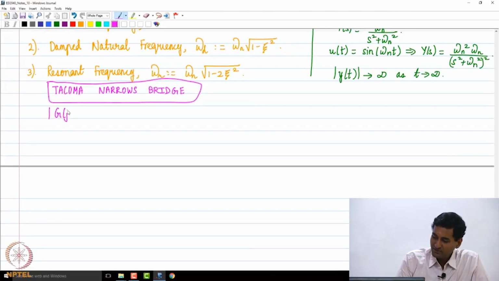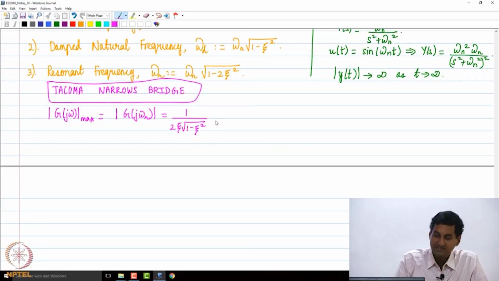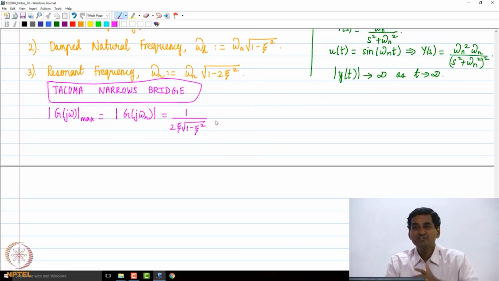The maximum value, which is the magnitude of g of j omega at omega equals omega r, is going to be 1 divided by 2 zeta times root of 1 minus zeta square. You just need to plug the value of omega into that expression.